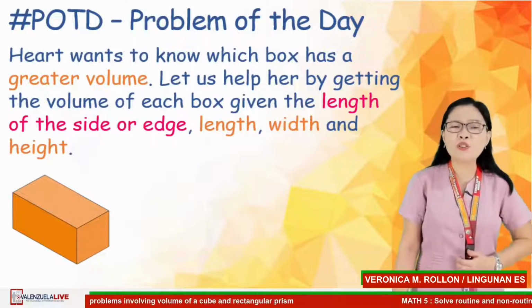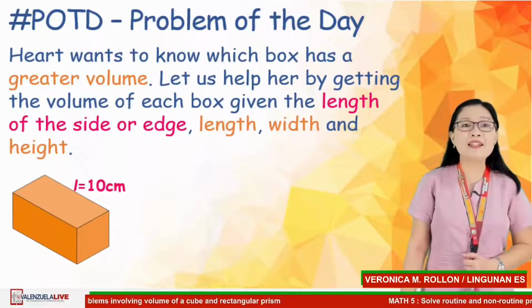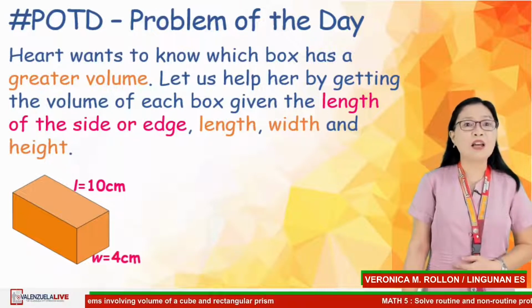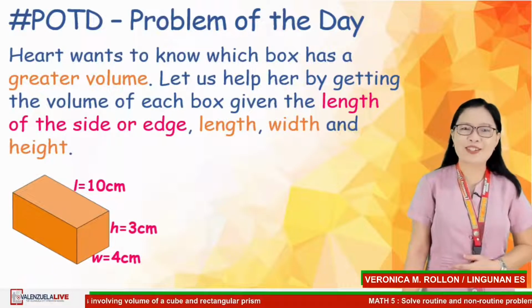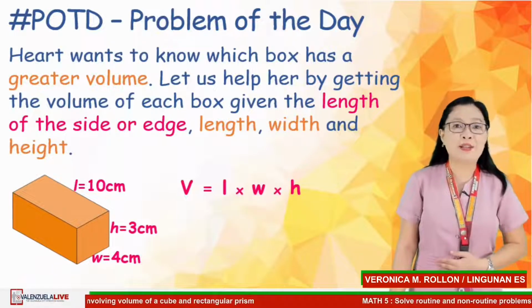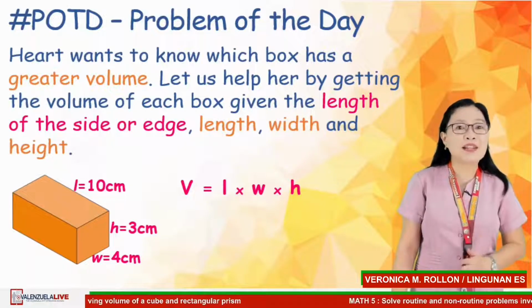Now let's go to the volume of box B. The length is 10 centimeters, the width is 4 centimeters, and the height is 3 centimeters. Now, this is the formula. V for volume equals length times width times height.